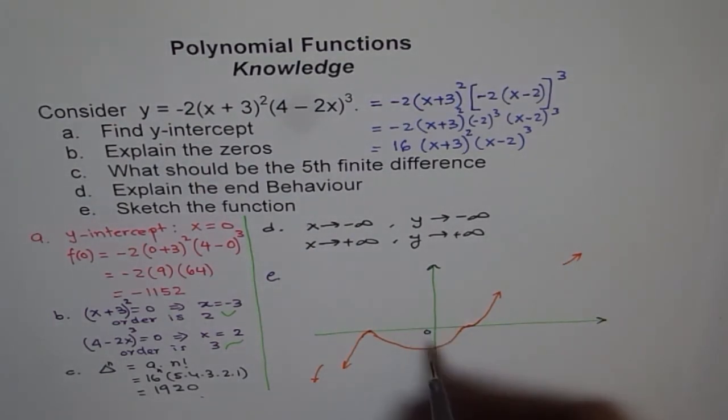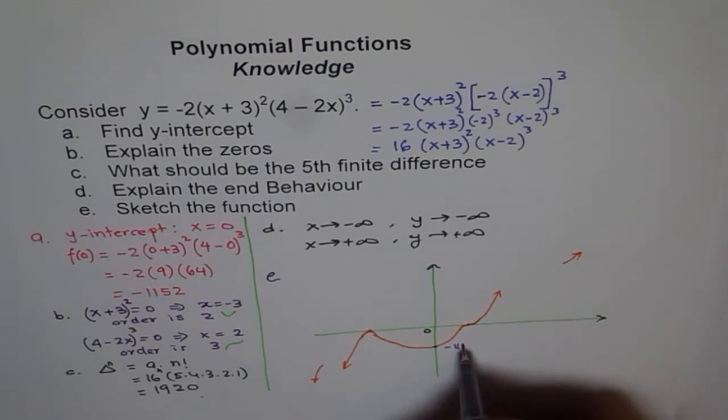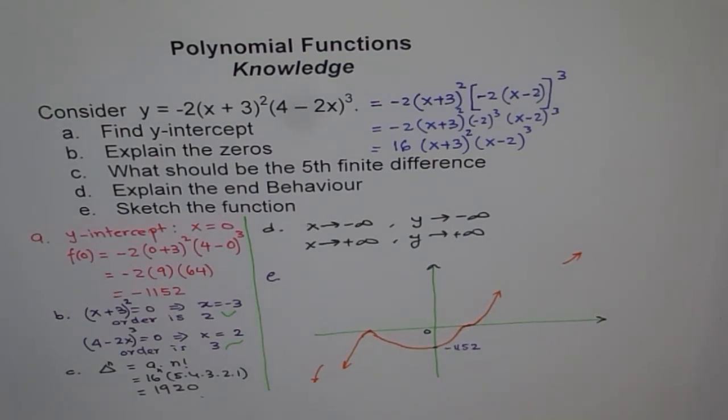And you can always say this is my y-intercept and the value is minus 1152. Imagine if you would have used minus 2, your graph would have been upside down and you would have never got minus 1152 as your y-intercept. So that was a check for you. So if you don't get correlation, then check your result.